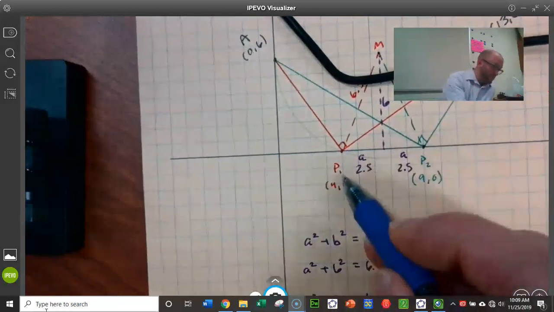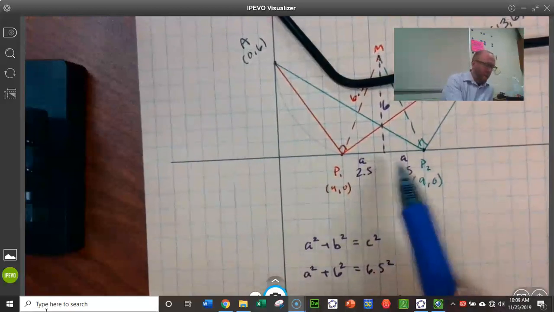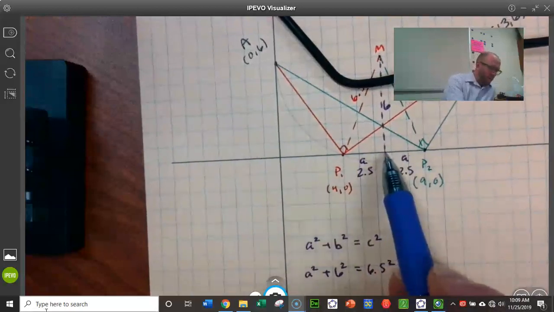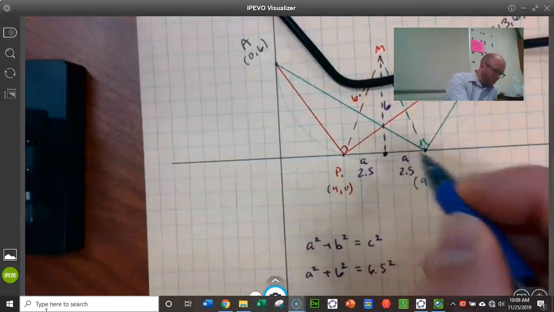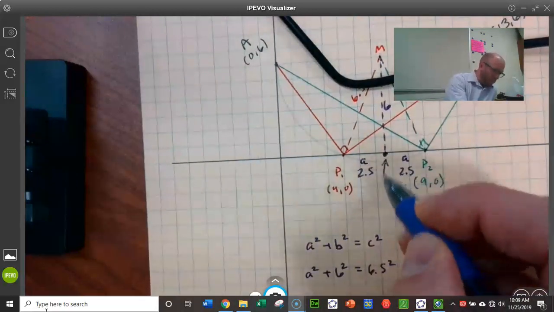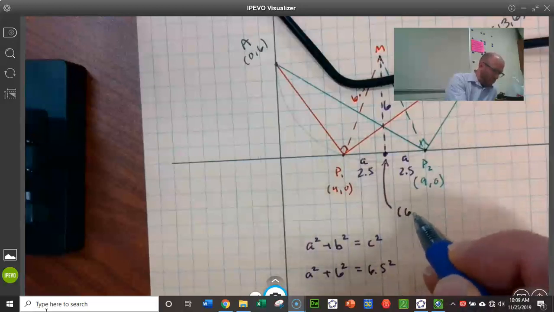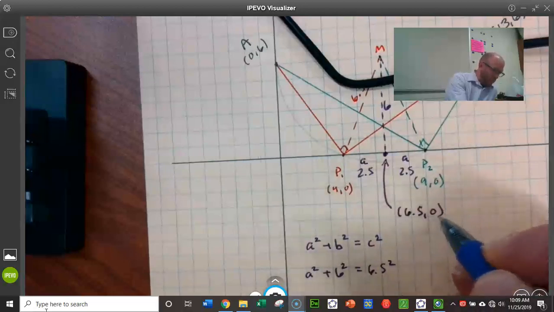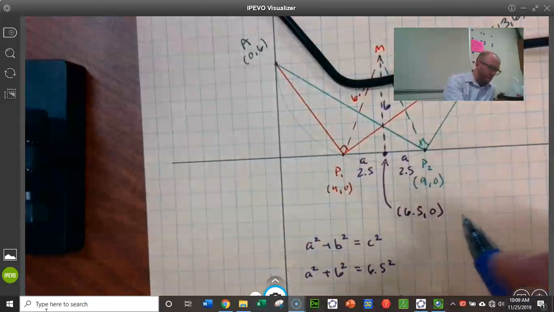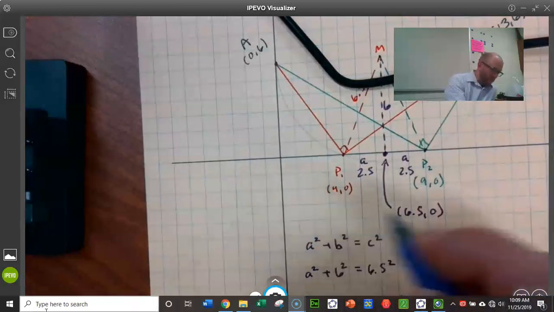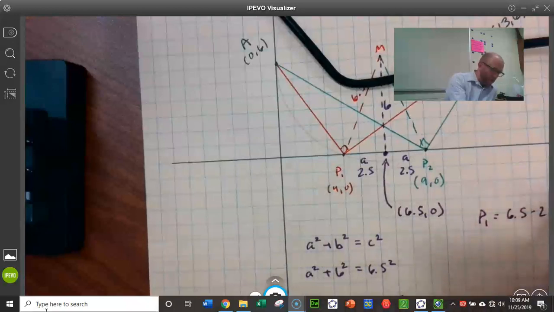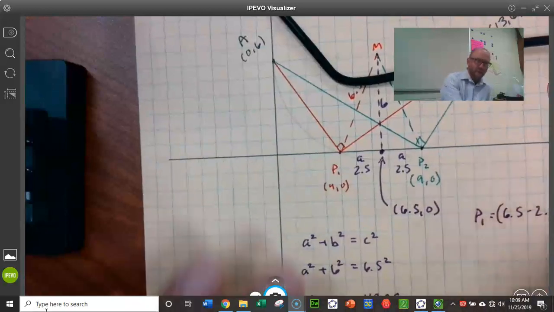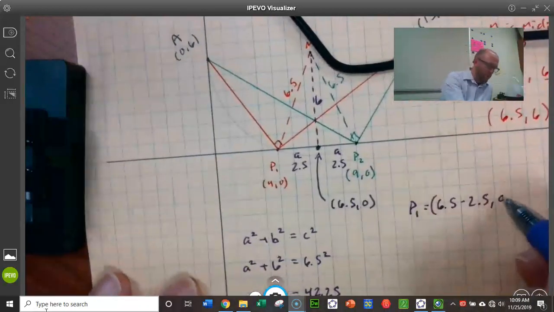So then we would just have to count back 2.5. All right, so this coordinate here is 6.5, 0. So P sub 1 would be 6.5 minus 2.5, 0.